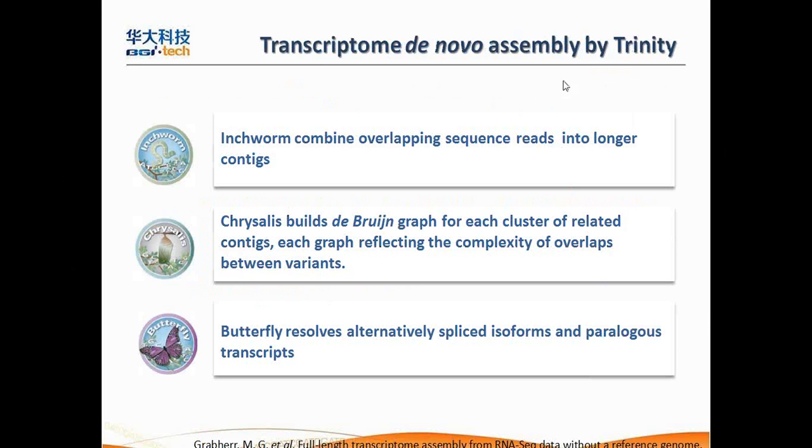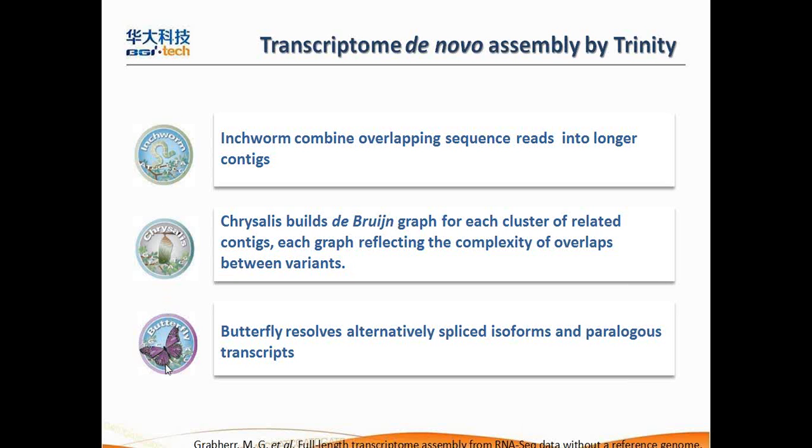And now here is Trinity. I think most people may have heard about this software. This is a widely accepted de novo assembly software, and the name Trinity means a combination of three components. One is called Inchworm, the second one is called Chrysalis, and the other one is called Butterfly.